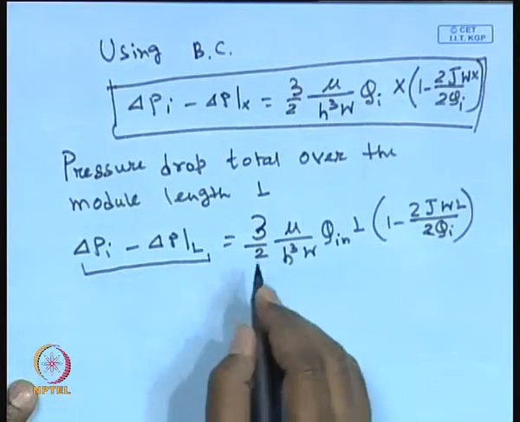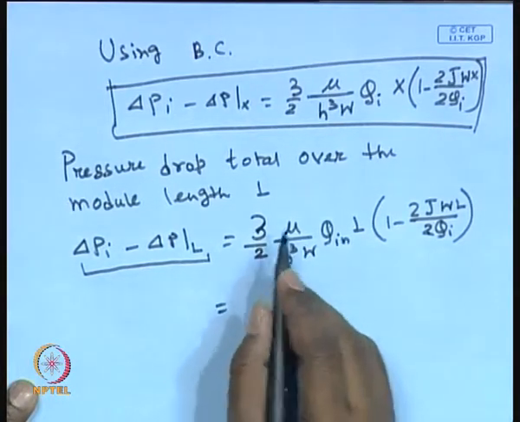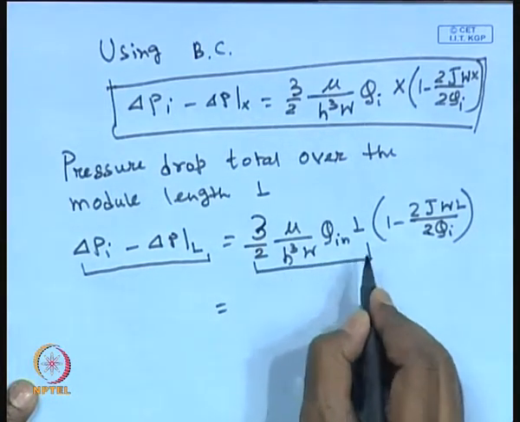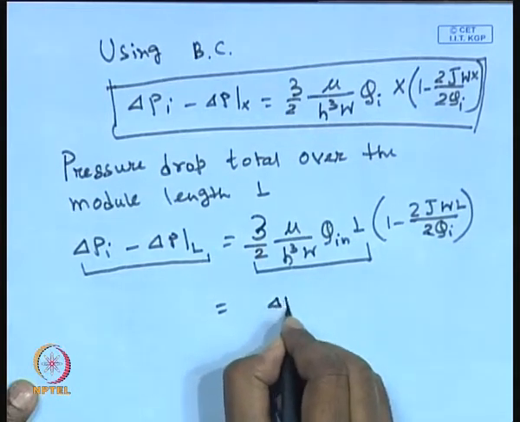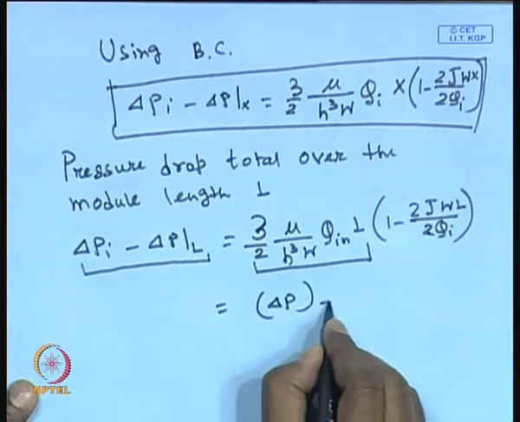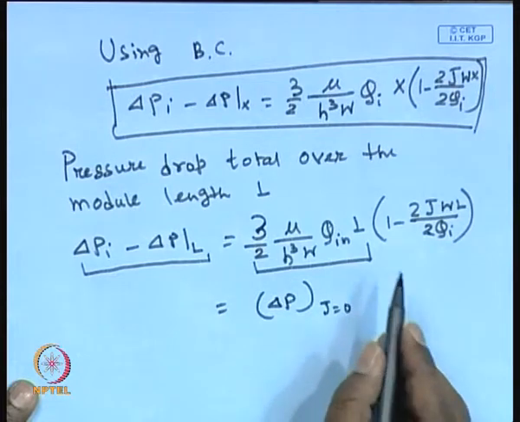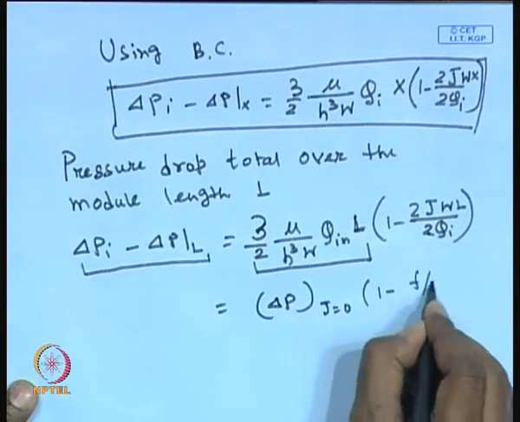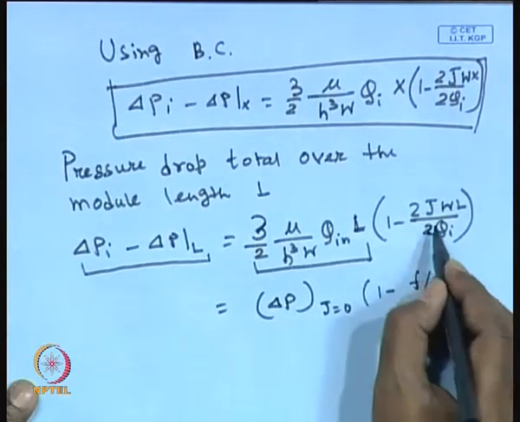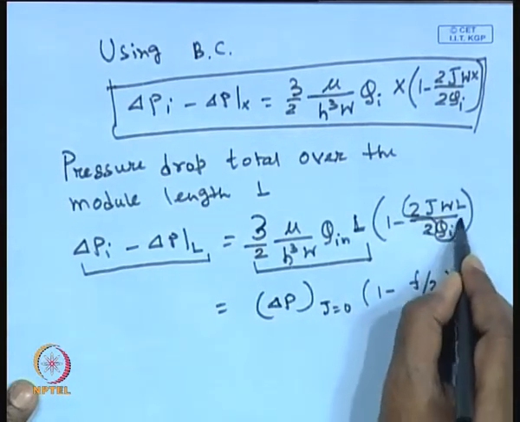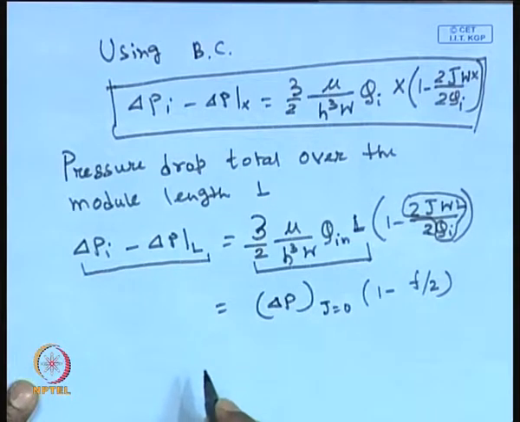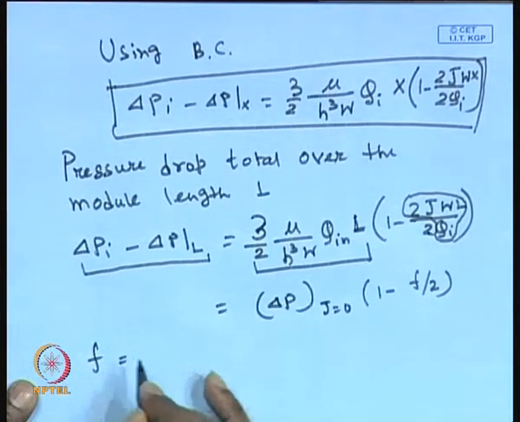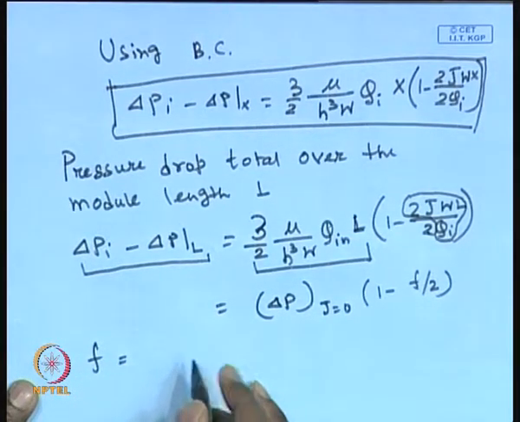And if you remember, this whole thing becomes the delta P if you have J equal to 0. So, that is the definition, from the Navier-Stokes equation, of 1 minus F by 2. We call this factor F, and what is F? F is nothing but fractional permeate recovery.